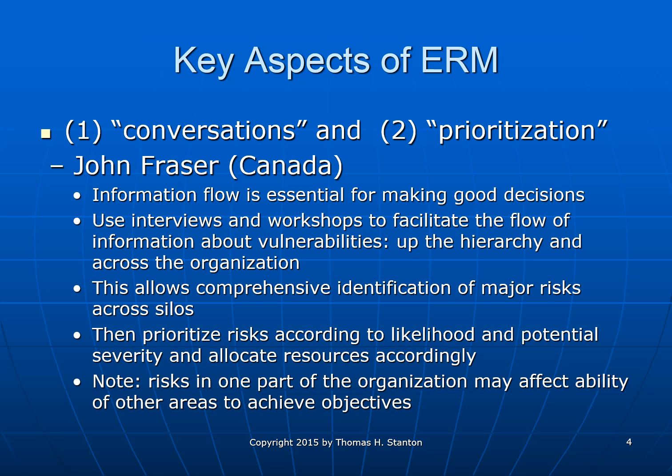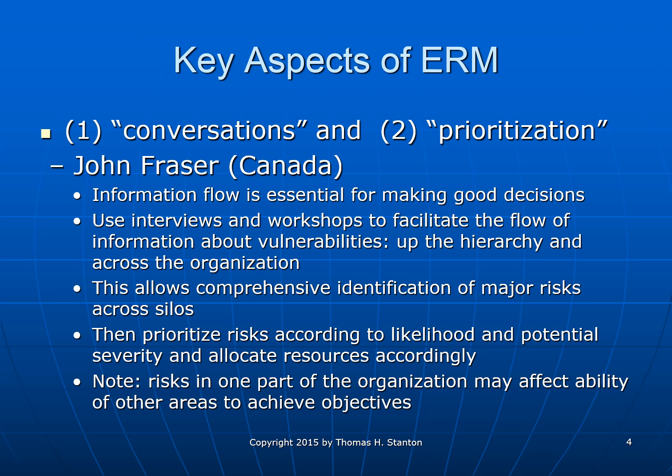And John has a really good way to try to picture the processes that lead to good enterprise risk management. He divides ERM into 2 parts. First, conversations, and second, prioritization. What does he mean by this?